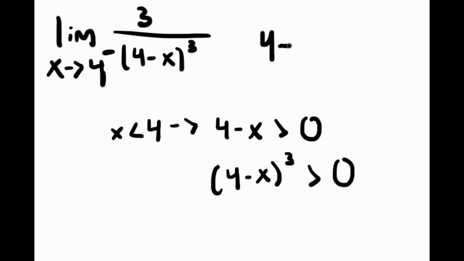It's always going to be 4 minus 3.99. This is the biggest value it could possibly go, but it's always going to be greater than the x value. And because of that, think about it. It's going to be 4 minus 2, 4 minus 3, 4 minus 3.5, 4 minus 3.9. It's going to get increasingly bigger. So because it's always going to be a positive number on the bottom, it's just bound to hit infinity.